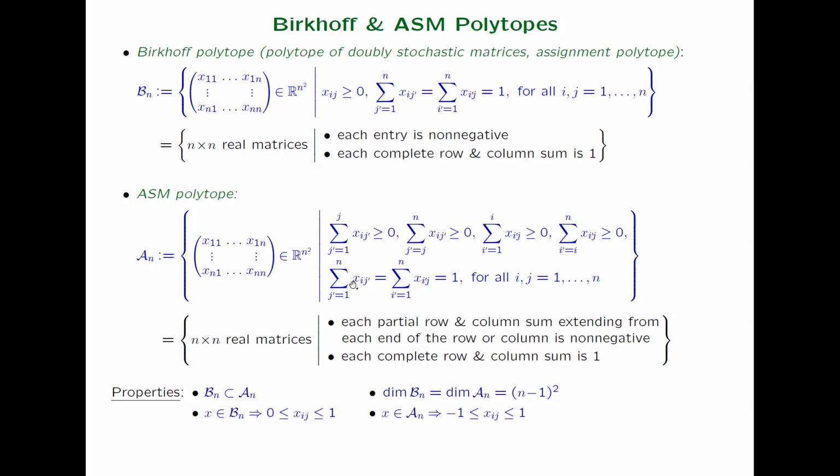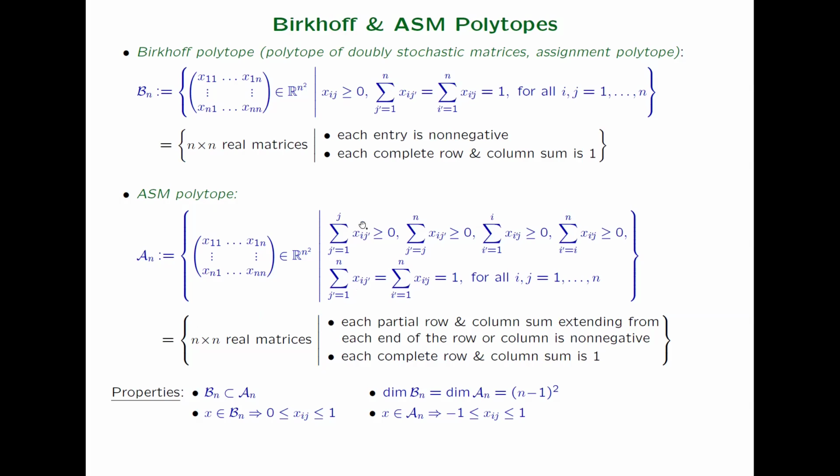And then you've got these complete sums here. It's very clear that the ASM polytope A_n contains the Birkhoff polytope. It's also clear that, in fact, the Birkhoff polytope is just the subset of the ASM polytope where the entries are all non-negative.